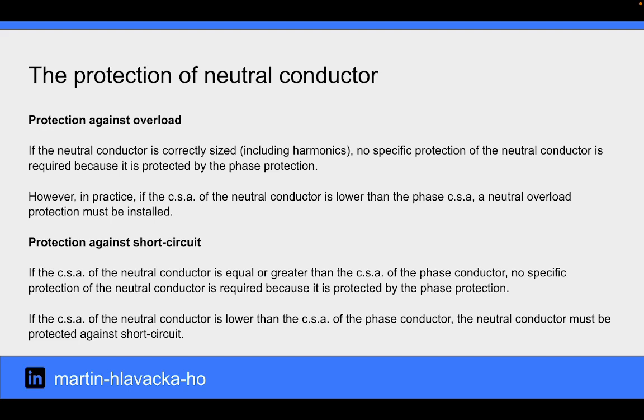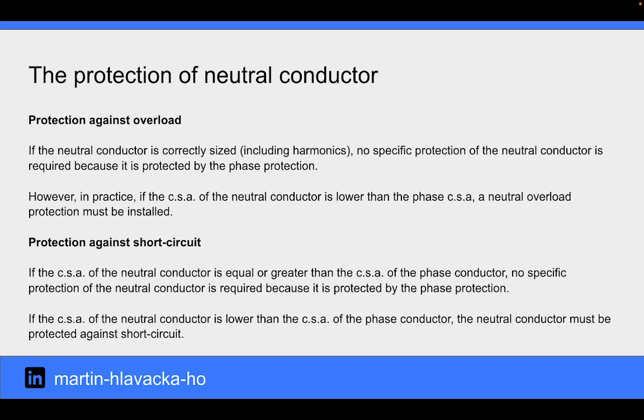If the neutral conductor is sized correctly, including harmonics, overall protection of the neutral conductor is not required because it is protected by phase protection. However, in practice, if the CSA of the neutral conductor is lower than the CSA of the phase, neutral overall protection must be installed.